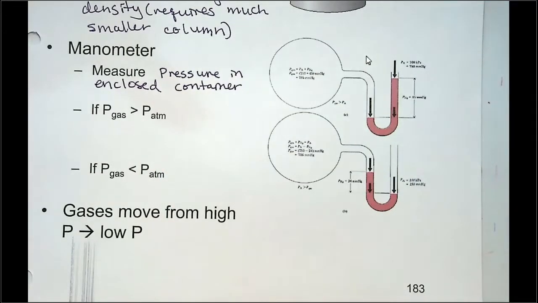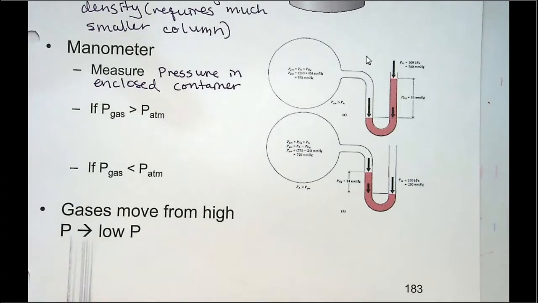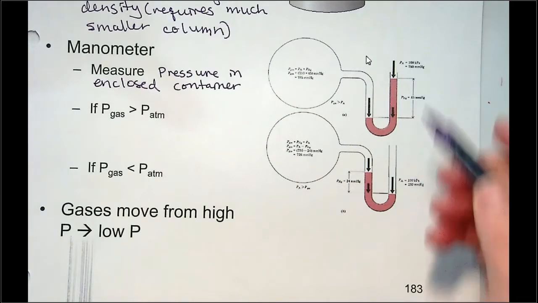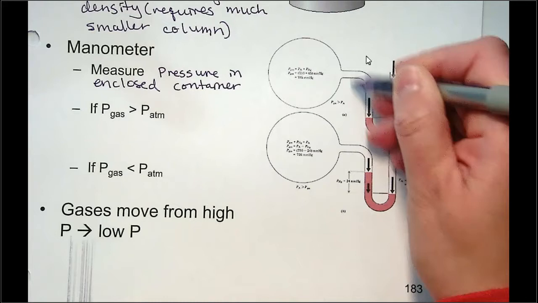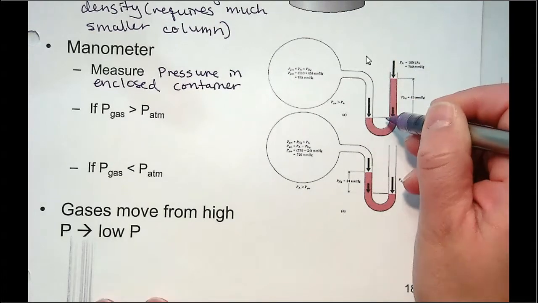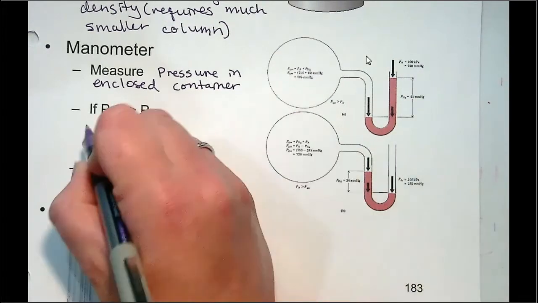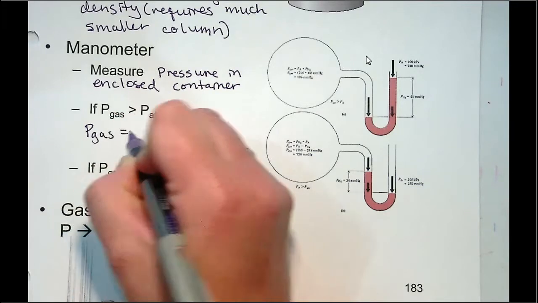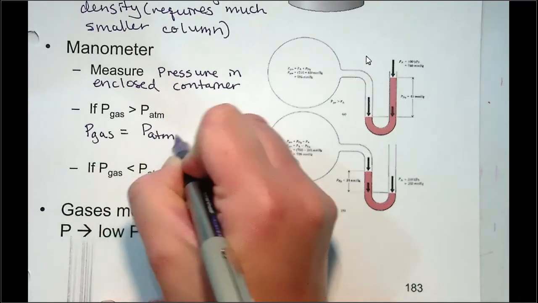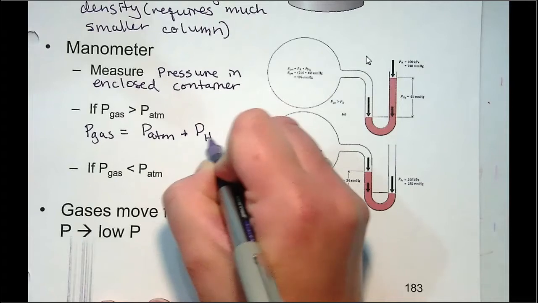So if the pressure of your gas in your container is greater than atmospheric pressure, then what you do is you look at the column here, and you would say that the pressure of your gas is equal to atmospheric pressure plus the pressure of the mercury.